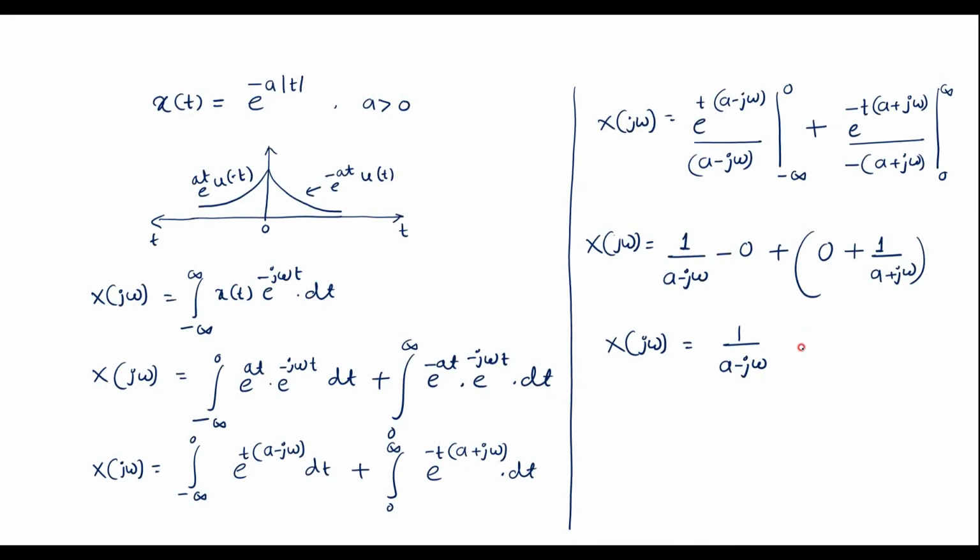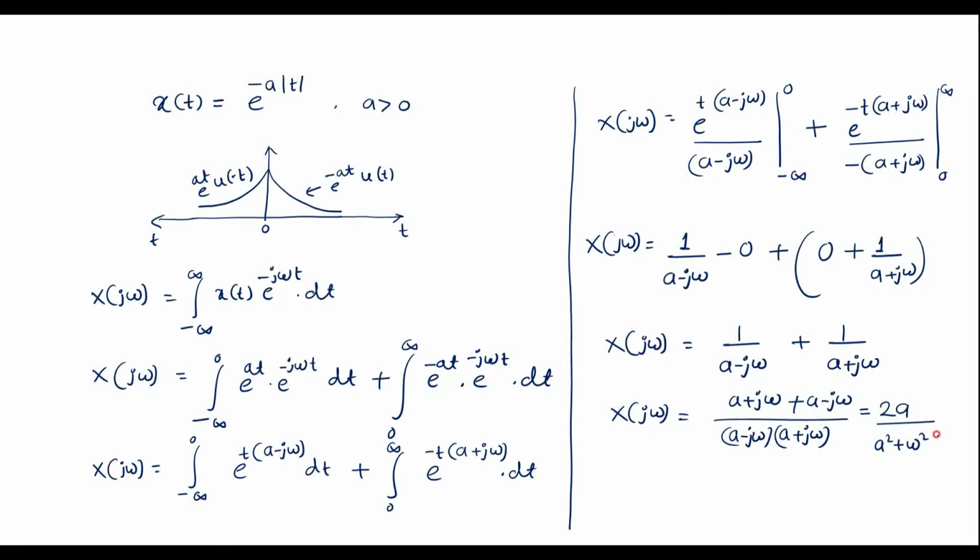plus 1 over (a+jω). Simplifying this, taking the LCM, the numerator is (a+jω) plus (a-jω), which is 2a, divided by (a-jω)(a+jω).